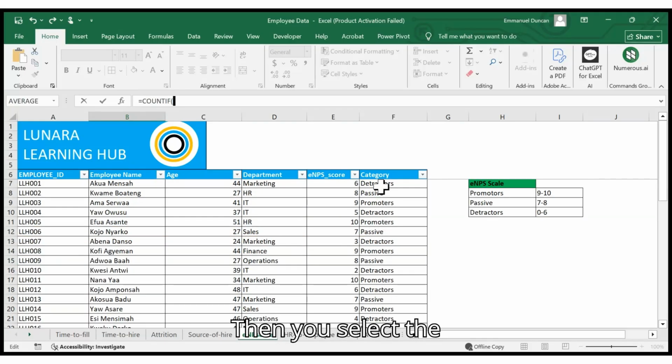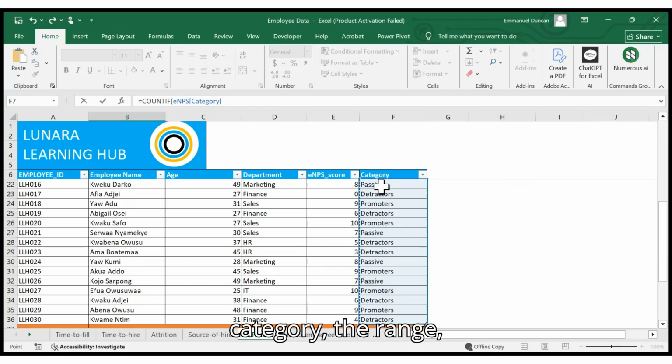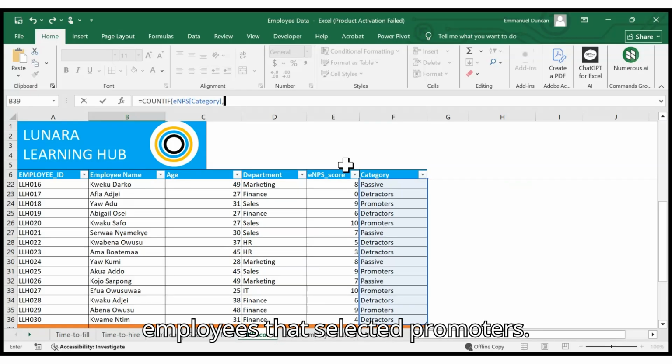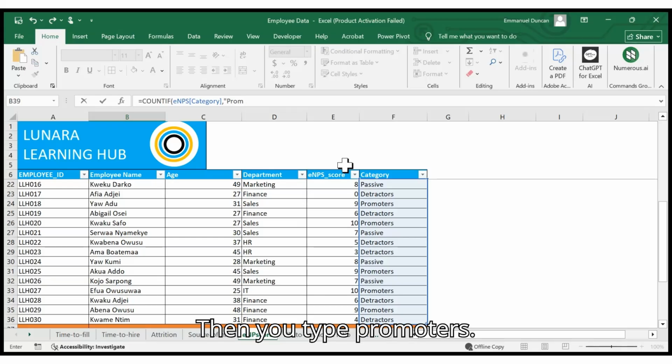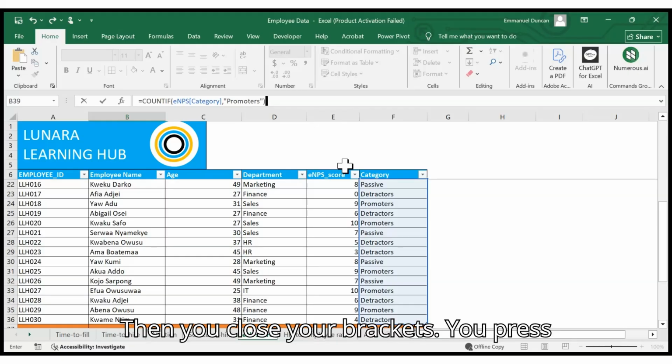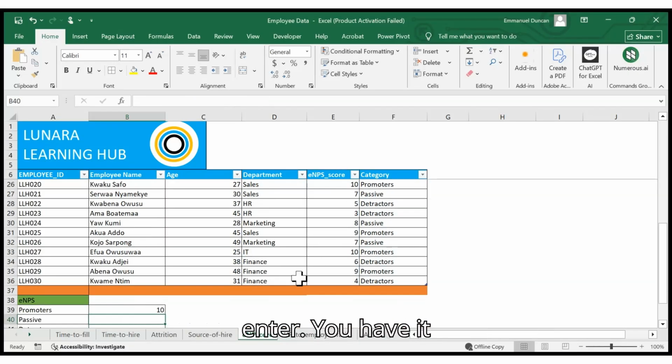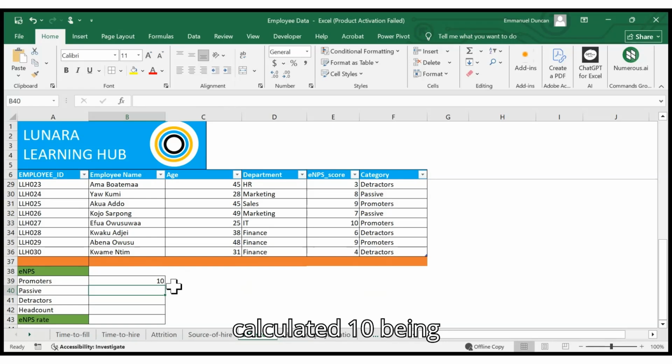Then you select the category, your range, then your criteria. We are selecting the number of employees that selected promoters. Your inverted comma, then you type promoters, then you close your brackets, you press enter. You have it calculated, 10 being promoters.